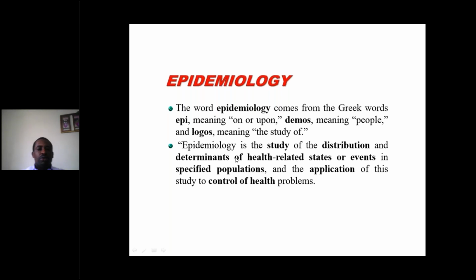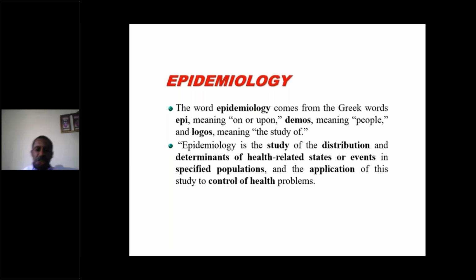Summing up the definition, epidemiology is the study of the distribution and determinants of health-related states or events in specified populations, and the application of this study to control health problems. Take note of that. I want to take it again.